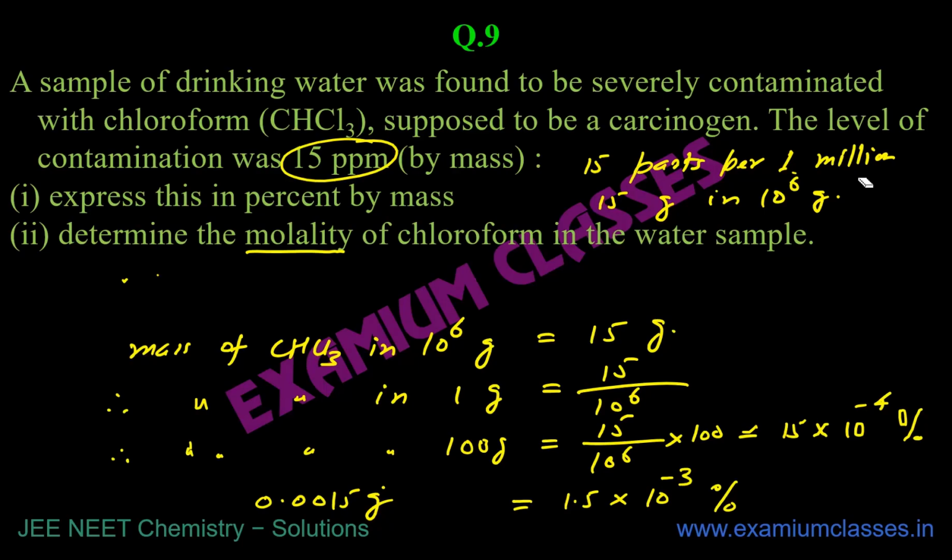So we will be neglecting 15 grams out of 1 million grams. It doesn't make any sense because 1 million is 1,000,000. If you add 15 to it, you will have 1,000,015. It will not have any impact there.